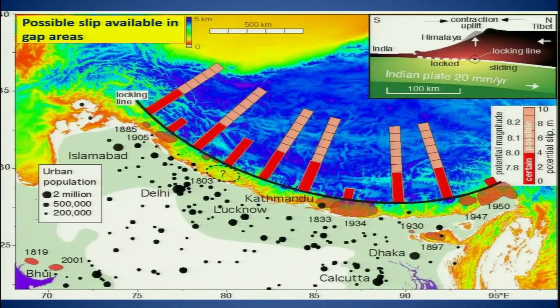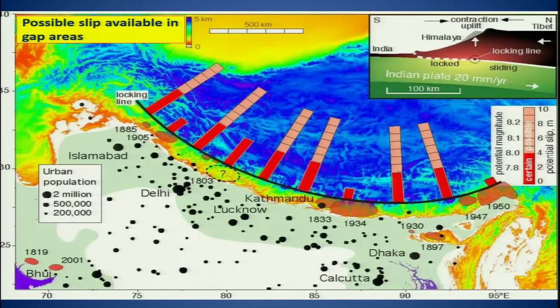This marked the central seismic gap, suggested between the 1934 and 1905 earthquakes. And further, as we have discussed, another gap is between 1950 and 1934 Nepal Bihar. This is the Assam earthquake.